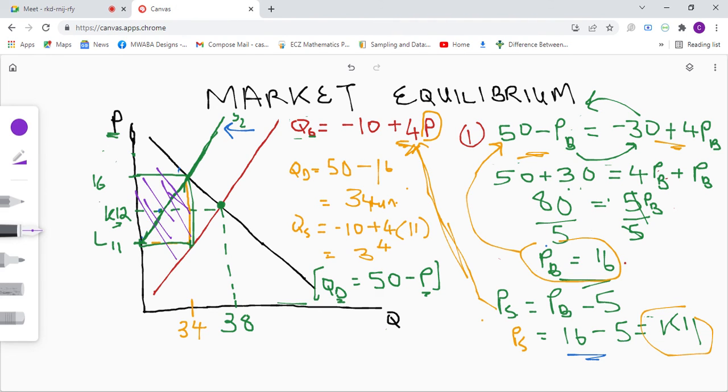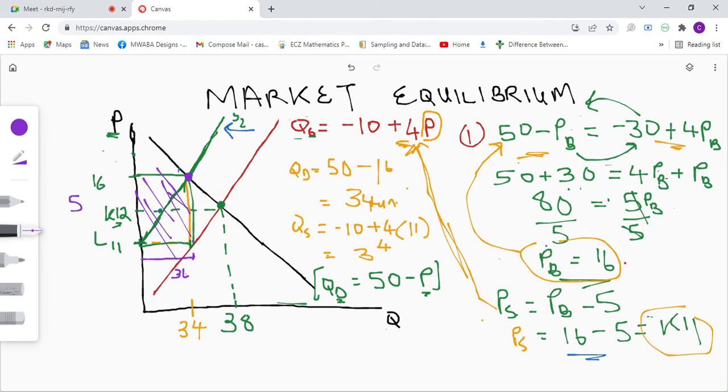All right, we know the height is 5, because that's the tax. It's represented by the vertical distance from the first supply curve to the second one. And this distance from here to here is 34.